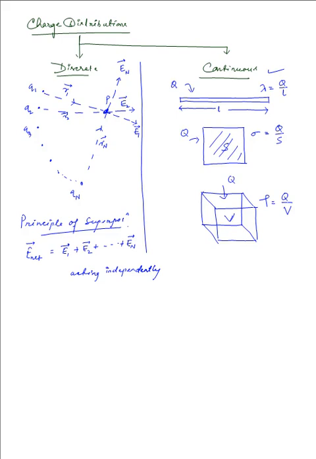So what about the force or the field intensities in the space in between? Well, that is not to be taken into account in the principle of superposition, because the principle of superposition states that the net field intensity is equal to the vector sum of the individual field intensities due to the individual charges acting at that point, but they must be acting independent of one another.